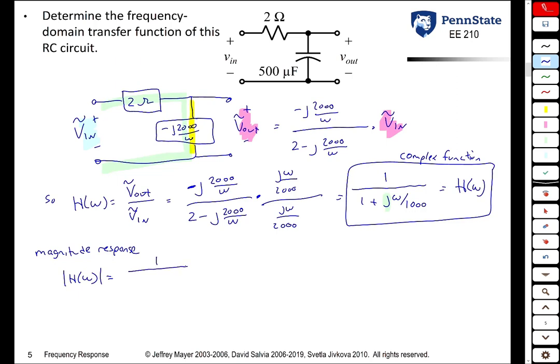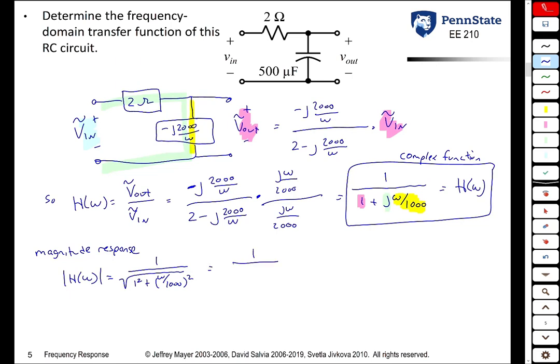What is the magnitude of 1 plus j omega over 1000? That's the denominator. The magnitude of a complex number is always the square root of the real part squared plus the imaginary part squared. The imaginary part is the argument of j. So it's going to be 1 plus omega over 1000 squared.